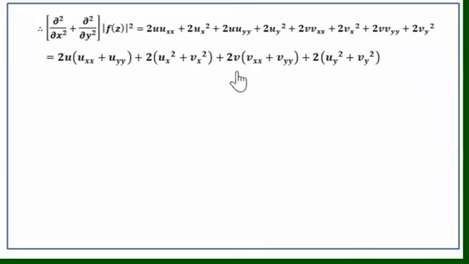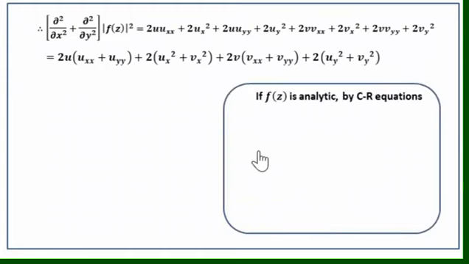Next, since f of z equal to u plus iv is analytic, u and v satisfy the Cauchy-Riemann equations: ux equal to vy and vx equal to minus uy. Also, u and v satisfy the Laplace equation, that is, u and v are harmonic functions.